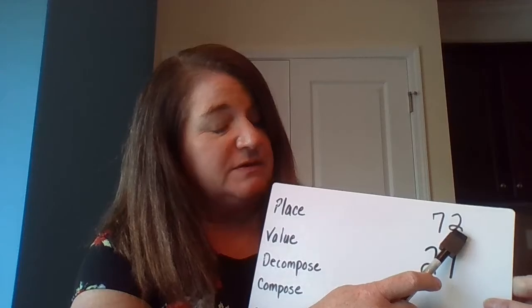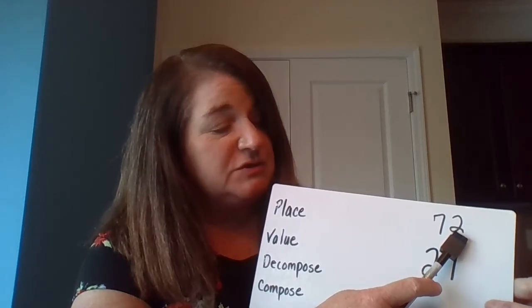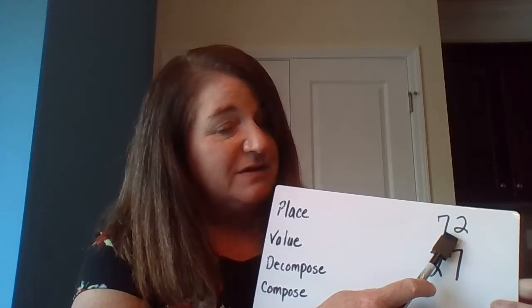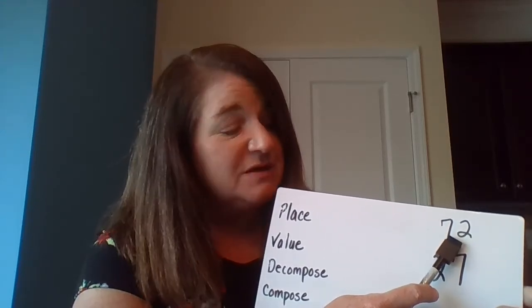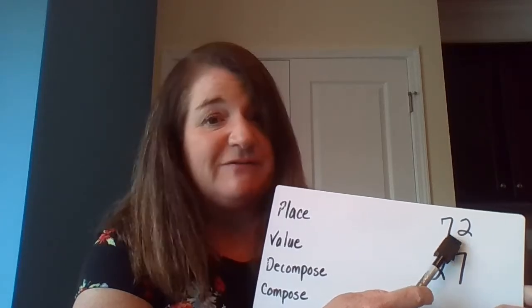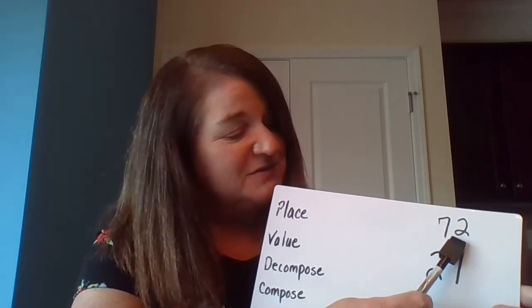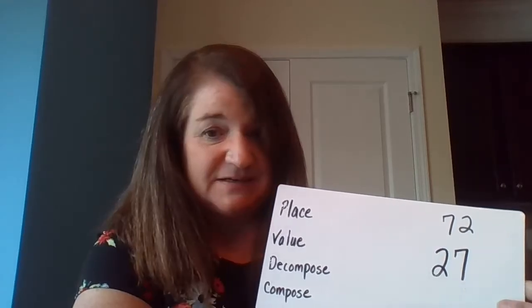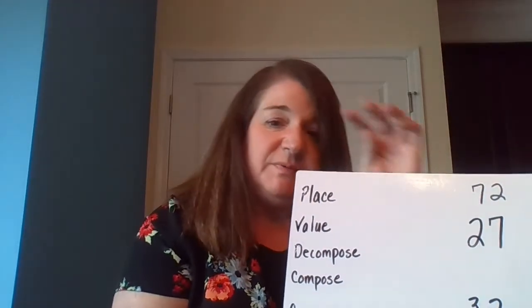Well, I know that this is ones place, and a 2 in the ones place gives me a value of 2. And then my 7, now it is in the tens place, which means 7 tens or 70. So that value went up, didn't it? So the value of a number depends on the place that it is in. That's something to remember when we play the game.